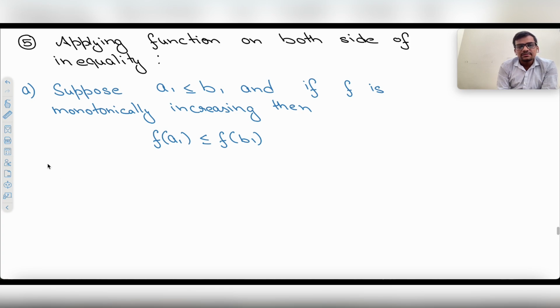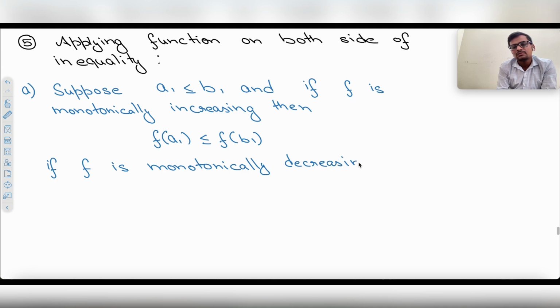But if f is monotonically decreasing, then f of a1 will be greater than equal to f of b1.